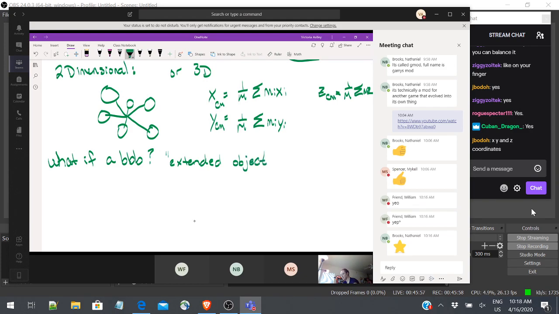So this might be a, I don't know, blob. That looks like it just says BBB. Blob. We want to find the center of mass of this blob. What do we do?